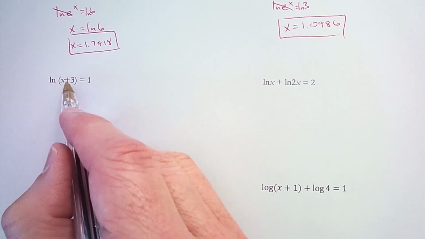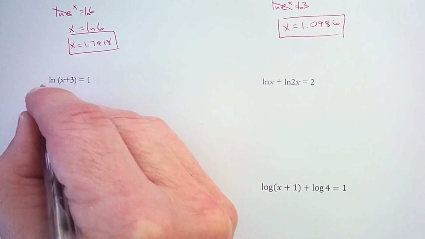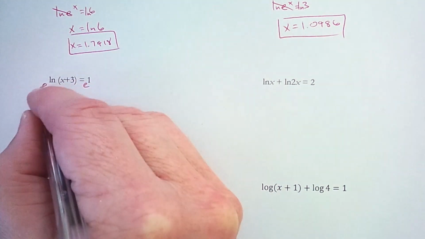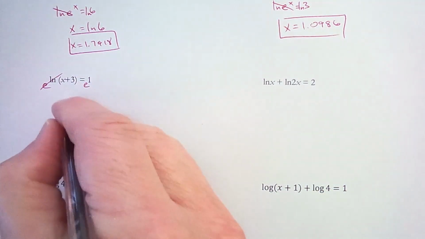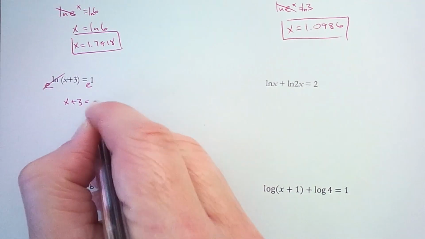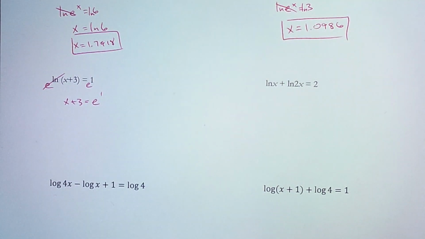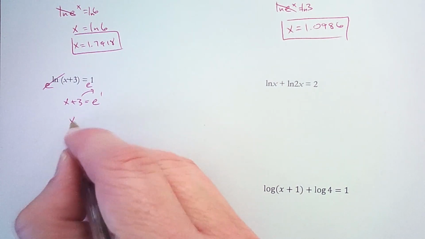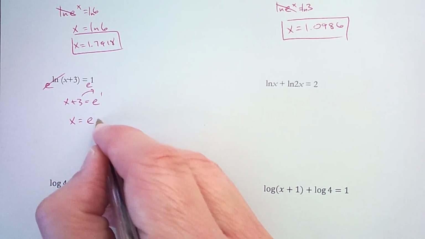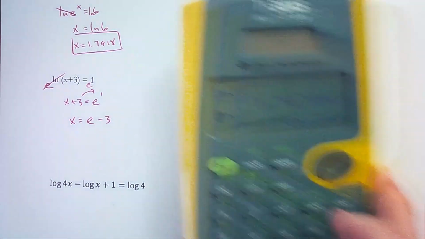Next equation, natural log of x plus 3 equals 1. If I do base e on both sides, I will cancel out that natural log, and I get x plus 3 equals e to the first power, or just e. And then I can subtract 3 from both sides and get x equals e minus 3.